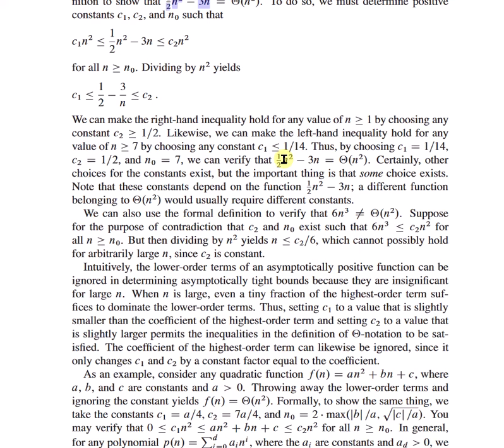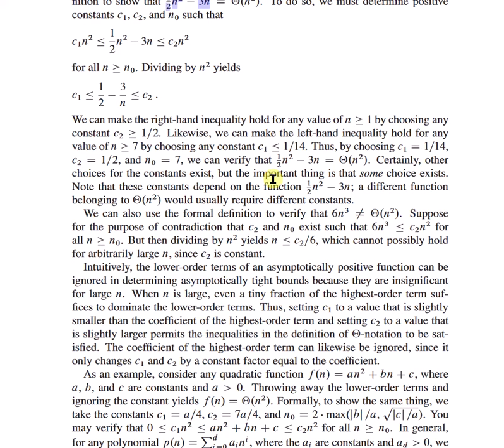Thus by choosing c1 equal to 1/14, c2 equal to 1/2, and n0 equal to 7, we can verify that half n square minus 3n belongs to theta of n square. Certainly other choices for the constants exist, but the important thing is that some choice exists.